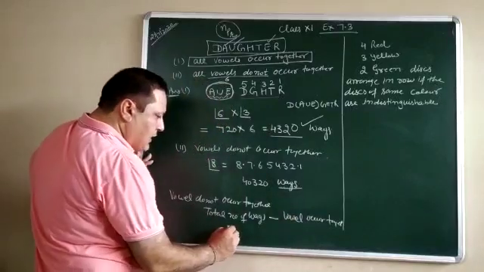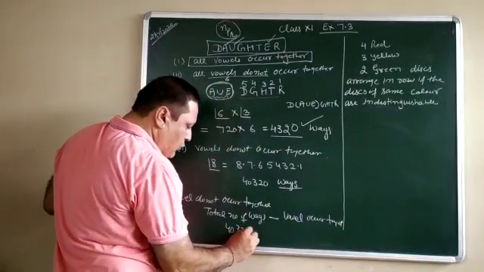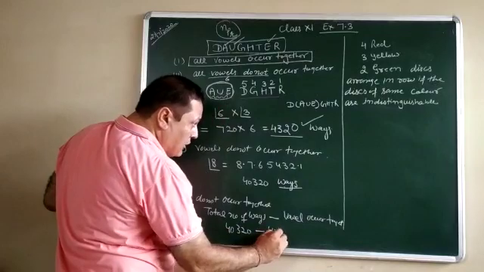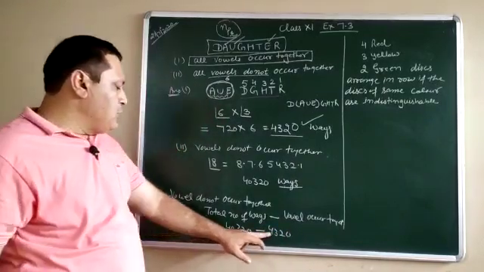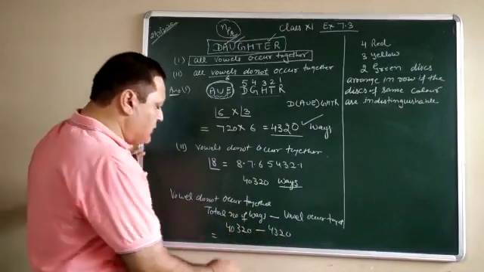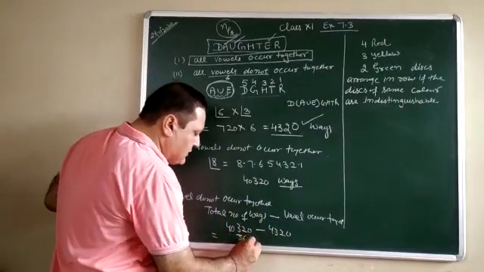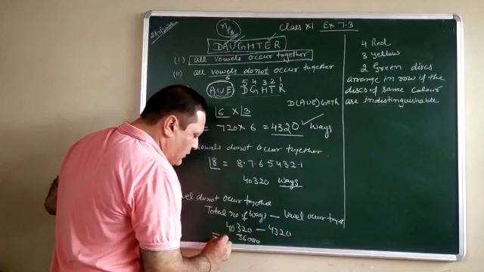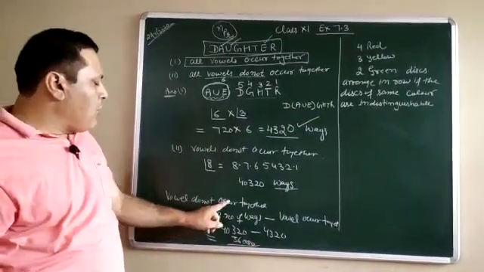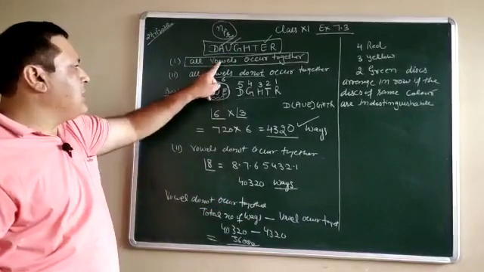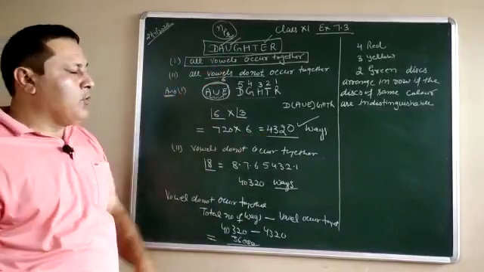Total number of ways is 40320 minus 4320. Now you can subtract here. 320 is directly cancelled. What is left? 36000. So there are 36000 ways in which vowels do not occur together, and in the other case, where vowels occur together, 4320.